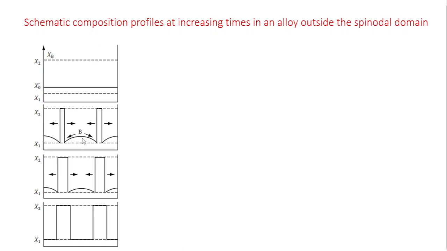The matrix is progressively becoming depleted, and ultimately it may reach a condition where the composition is the same as that of x1. So you have a phase which is rich in B, given by x2, and a phase which is lean in B, given by x1. What is happening here is that nucleation is occurring and the diffusion is occurring down the concentration gradient.